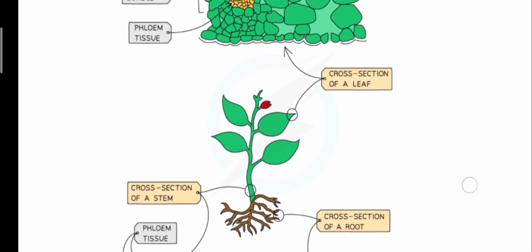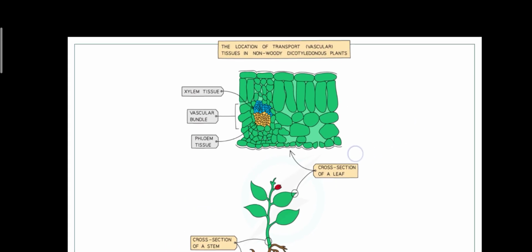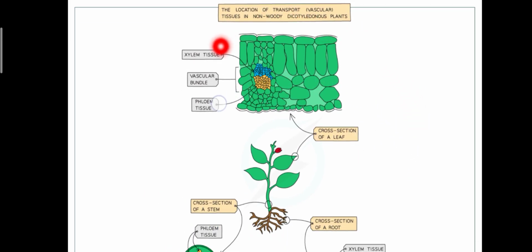Here this is a plant, and if we talk about the cross section of a leaf, then we can see the xylem tissues in this area, and this area is showing the phloem tissue, and the vascular bundle is here, which is formed by xylem and phloem tissues.